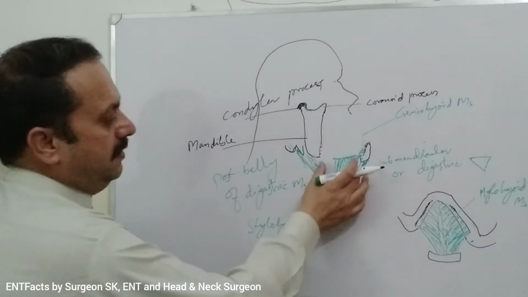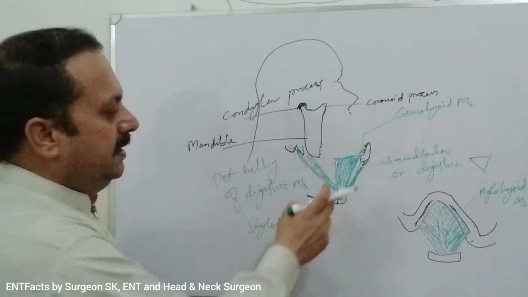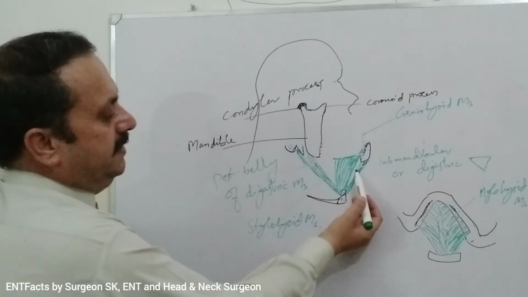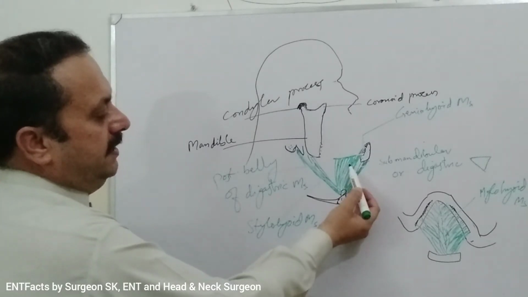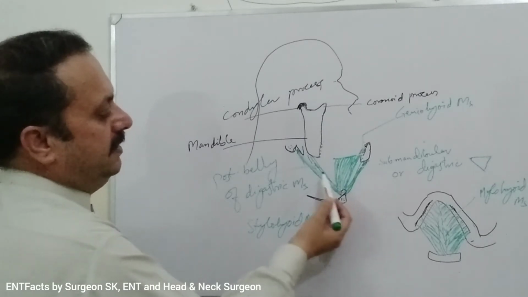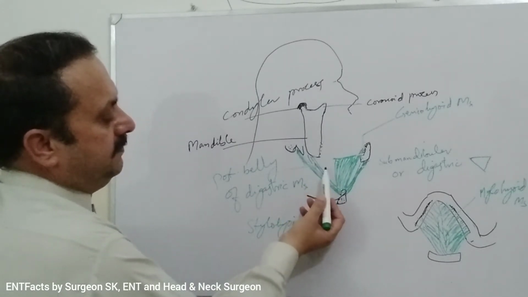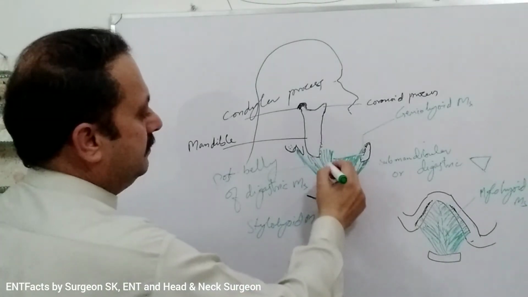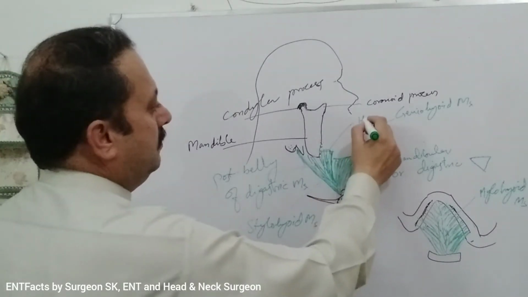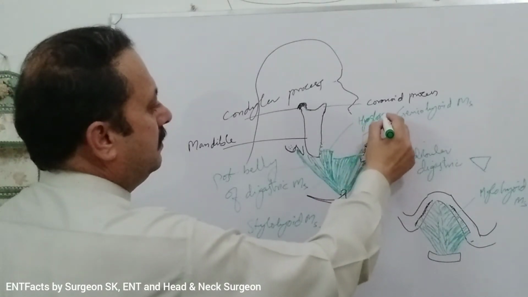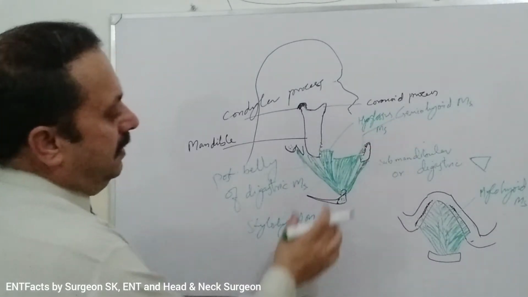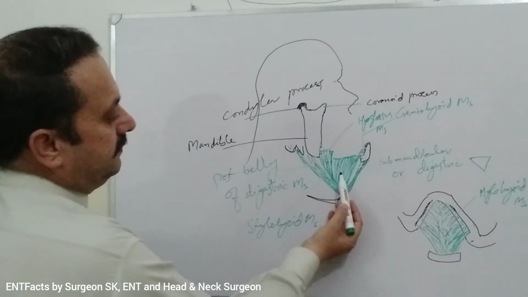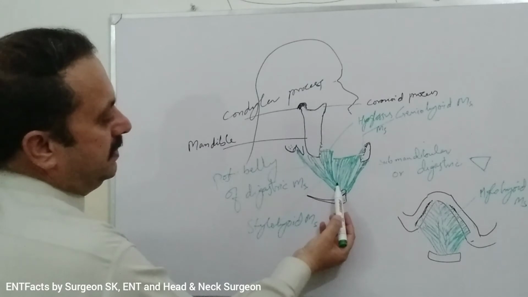Now, almost all of the floor or base of this submandibular triangle is occupied by these muscles. From anteriorly, the geniohyoid, then a big muscle, the mylohyoid muscle, and from posterior is another muscle called the hyoglossus muscle.